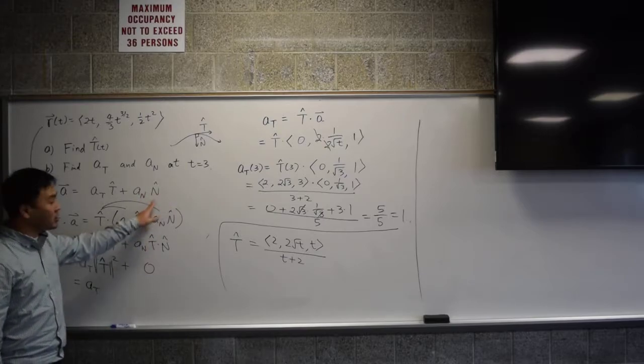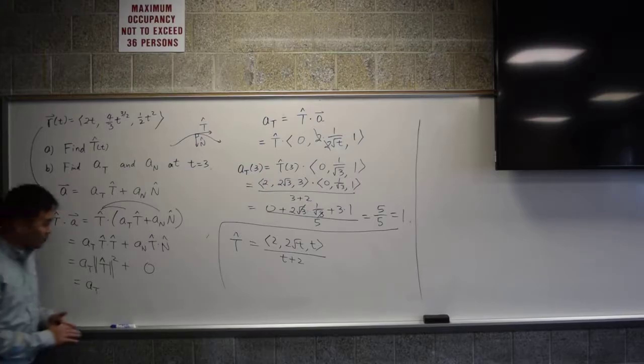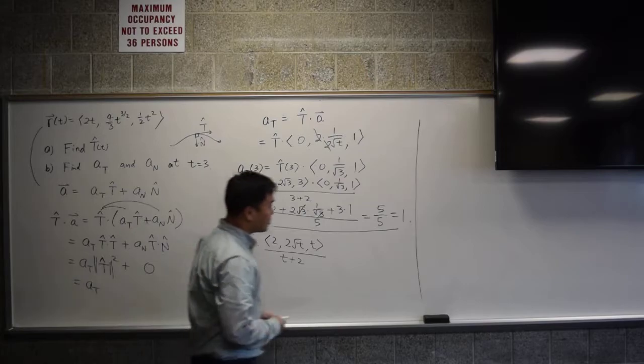So instead of doing that, what we're going to do is to use the following fact, that if you take the norm squared of this, think about it this way.